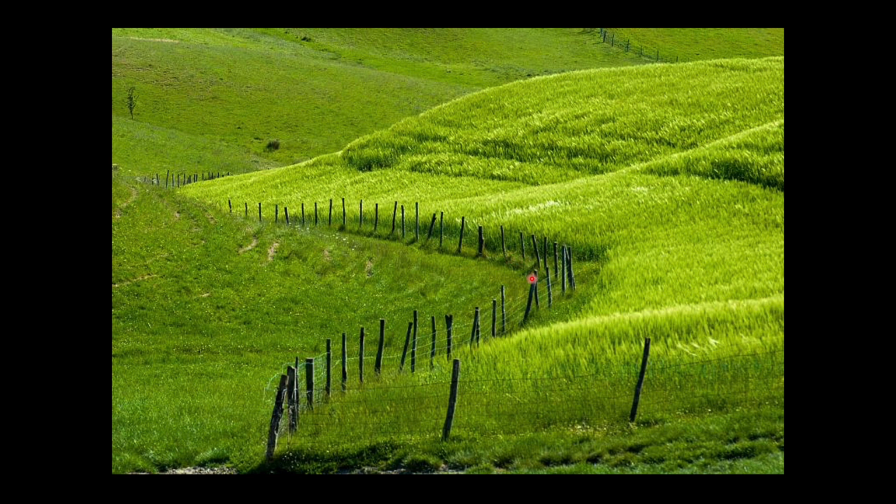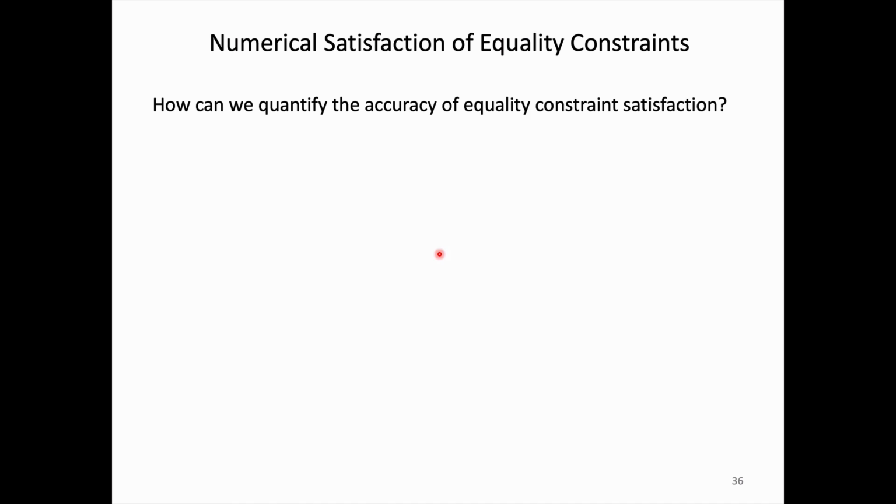But if we allow a tolerance, then we are essentially tracing out a parallel line on either side of the fence. And so you can think of this as a thick fence, or the fence has width. And so as long as a point that we are considering is within the boundaries of this thick fence, then we consider that the equality constraint has been satisfied.